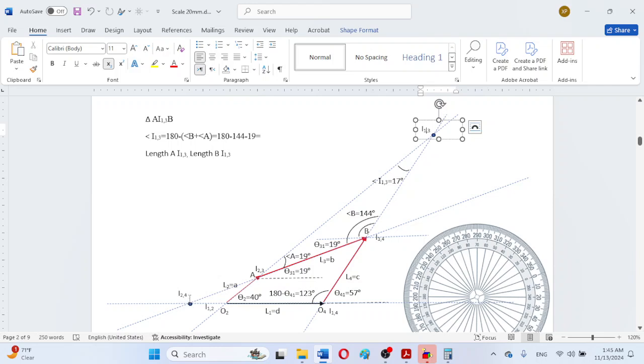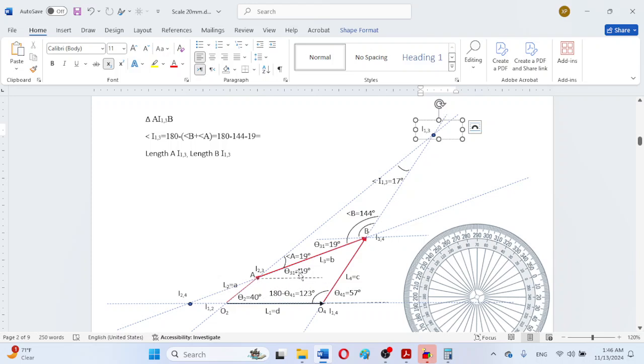It is the instant center of rotation for link numbers 2 and 4. Because these two links, link number 2 and link number 4, are in pure rotation, they are not required to be solved.